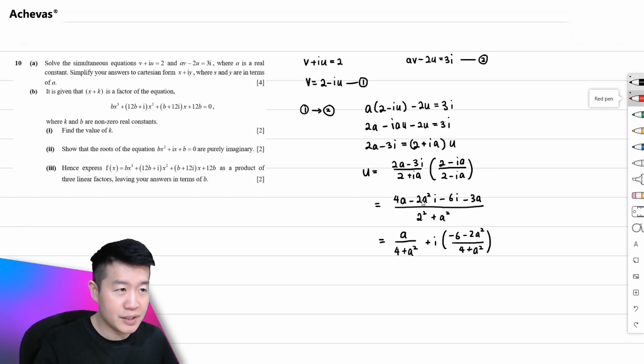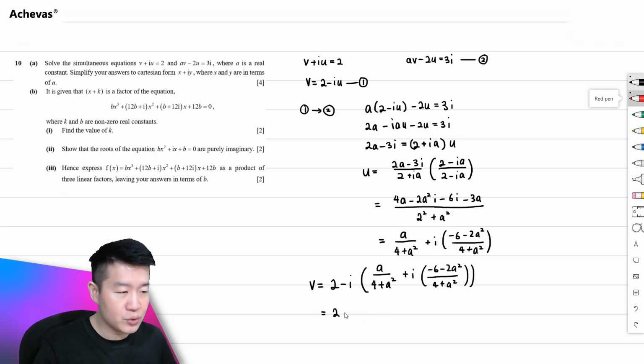So we have u is equal to this, and I'll just substitute this back into v to find v. v is 2 minus iu, which is a over 4 plus a square plus i of minus 6 minus 2a square over 4 plus a square.